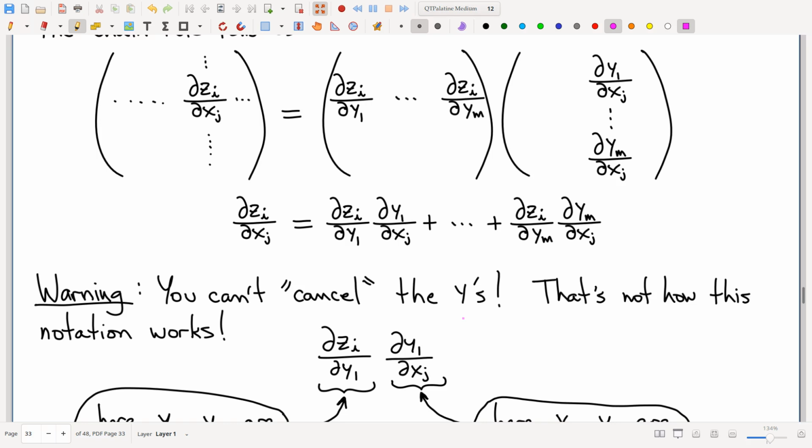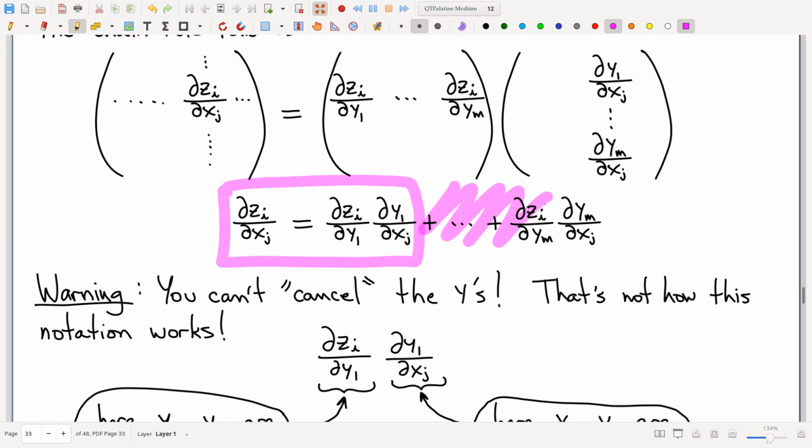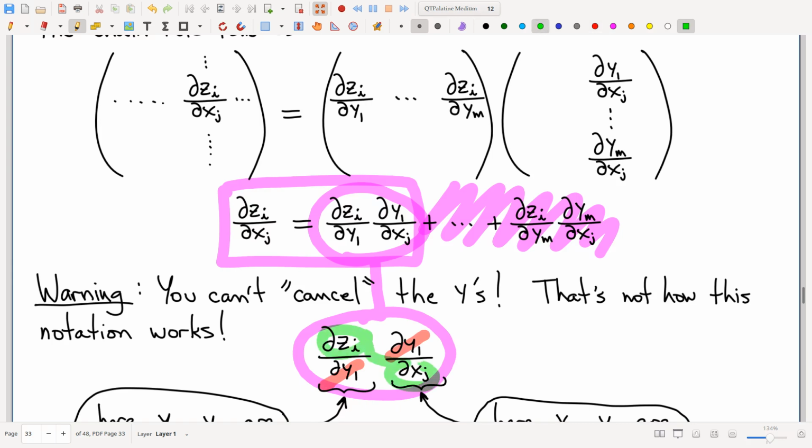A lot of students will look at just this right here and think, hey, I don't need the rest of those terms, because looking only at this term, I feel like that cancels with that, and then what I get as a result is partial zi, partial xj, which is what I wanted. Everybody see the temptation there?